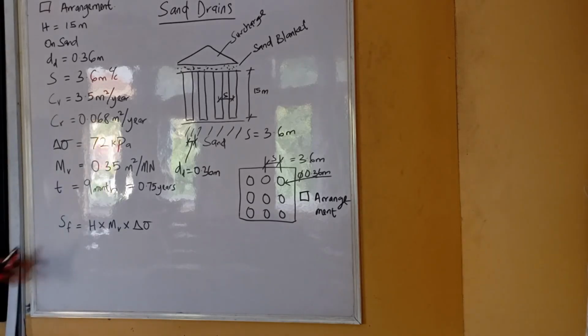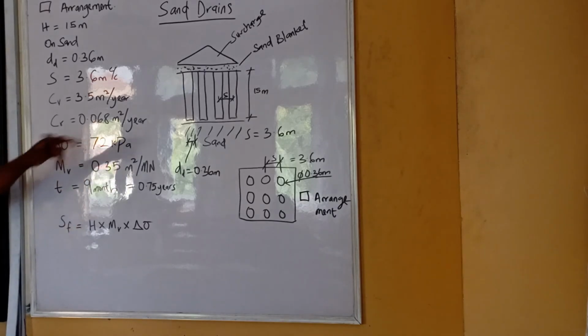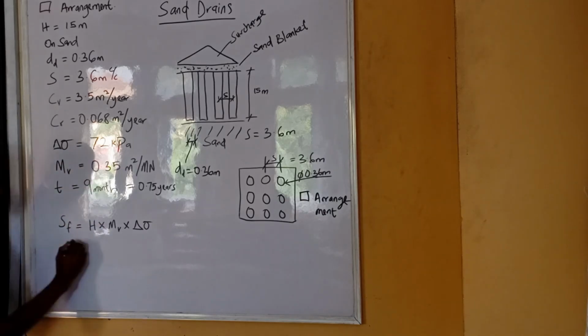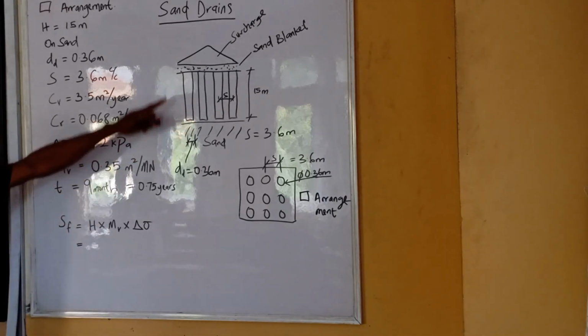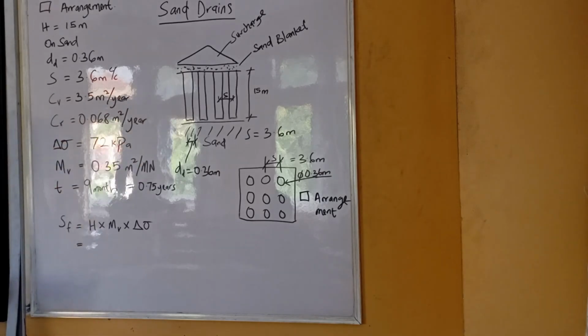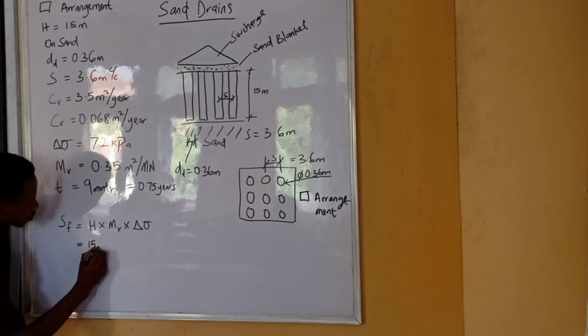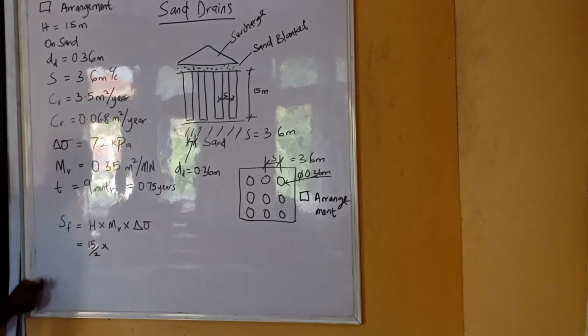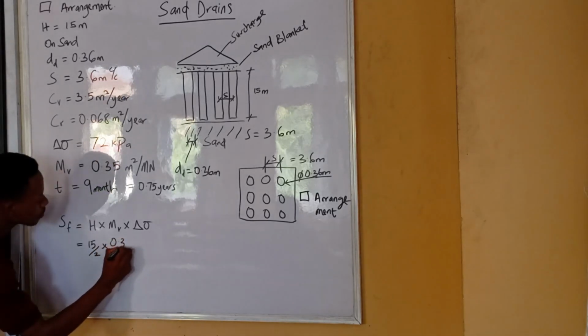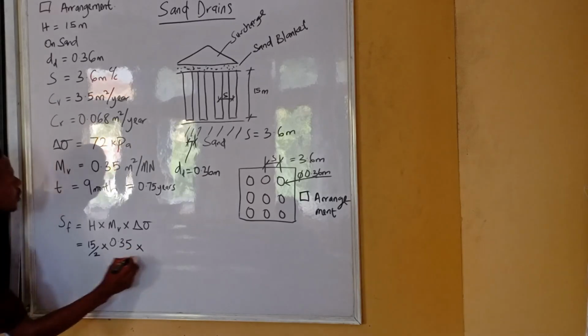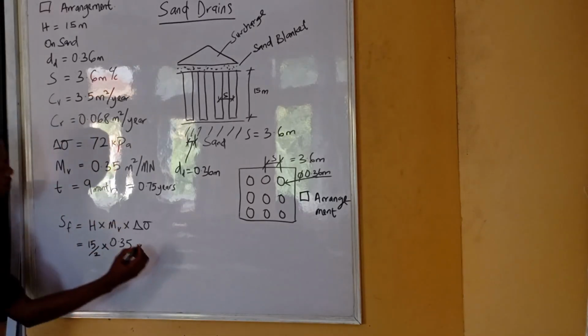I believe all these parameters we have here already. We know our H, we know our MV, then we know our stress. Because the question says it's in between two sand layers, our H will become H over 2. That's 15 over 2 multiplied by our MV 0.35 multiplied by 72.